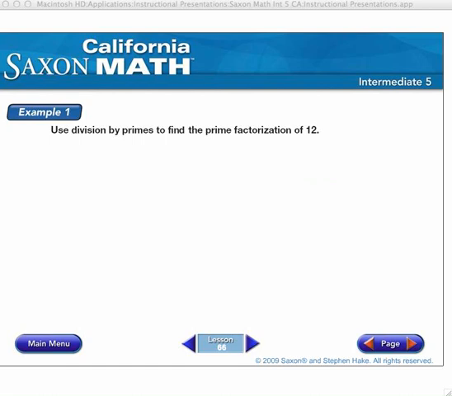What prime factorization means is that when we write a composite number, a number with more than 2 factors, as a product of its prime factors, we have written the prime factorization. So what does that mean? Let's take 12. If I multiply its prime factors, I would have 2 times 3 times 2.